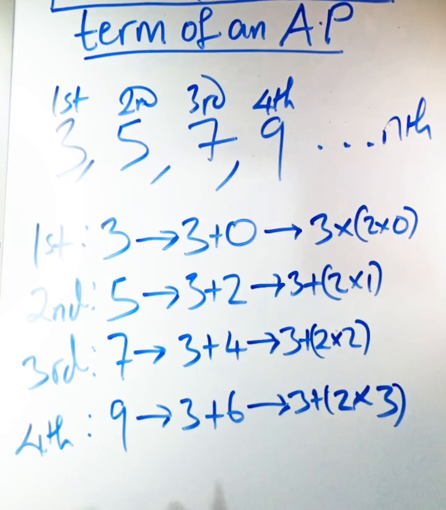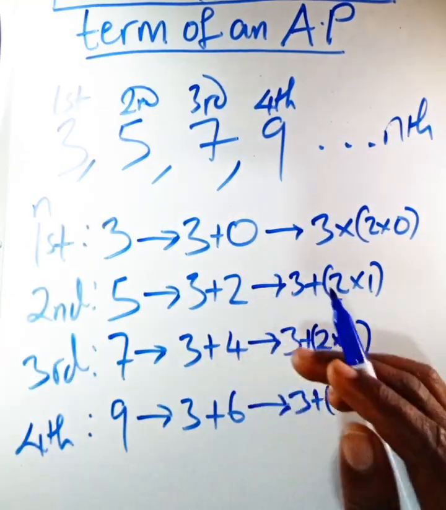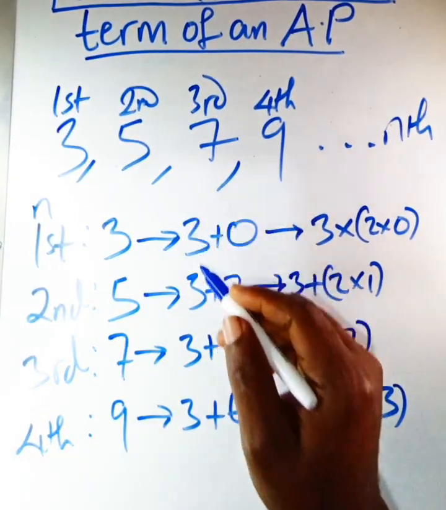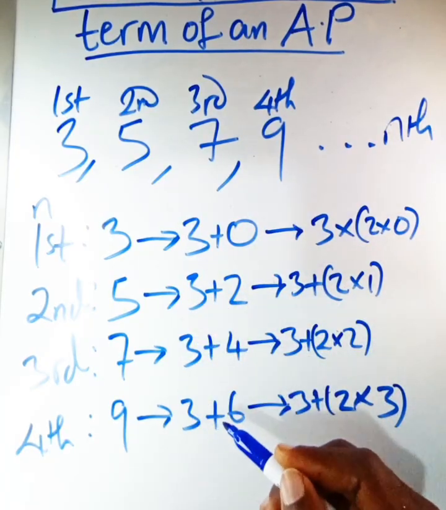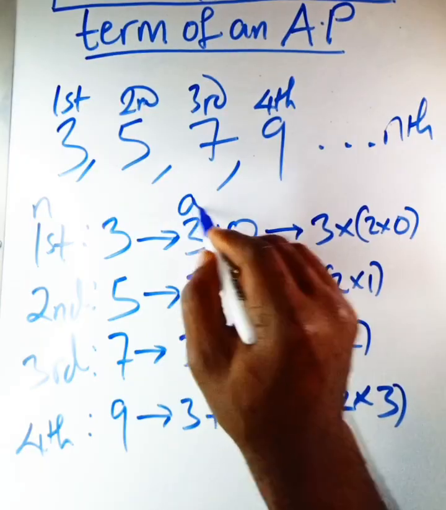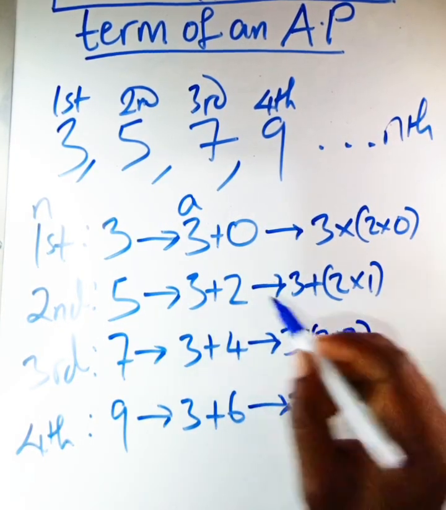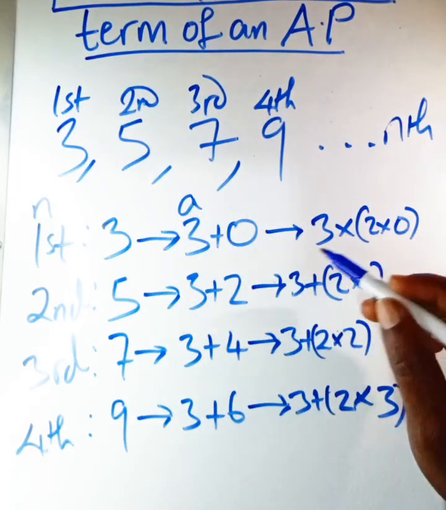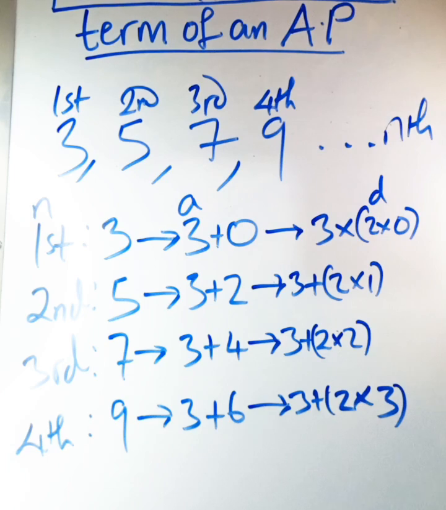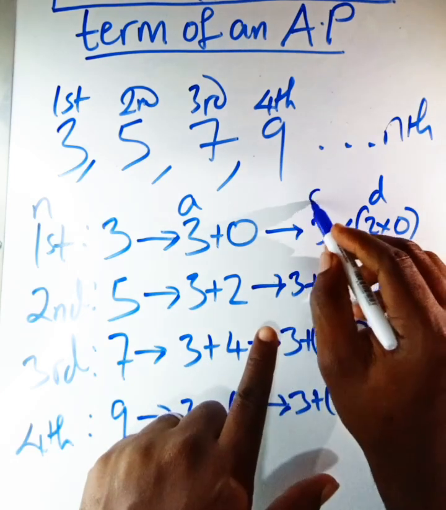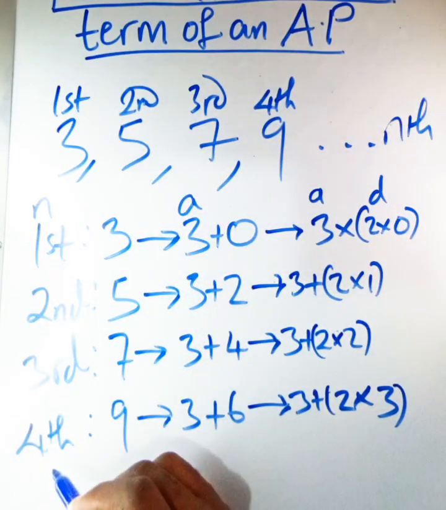If I decide to call my positions n, and I call my first term, because the first term was reflected in all the numbers, let's say I call it A. And then I decided to call the 2, which was successively added to each of these numbers to get the next one, let's say that I call it D. So I have my A here, and I have my D here, and I have my N as the positions.